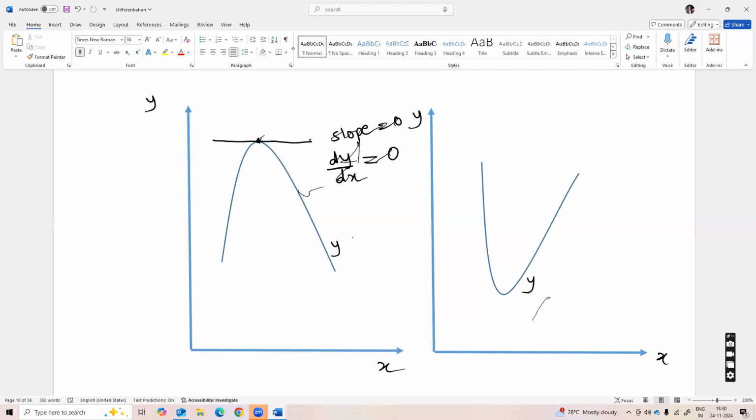Similarly, in the second curve, here it was maxima, but in this curve this point is showing minima.